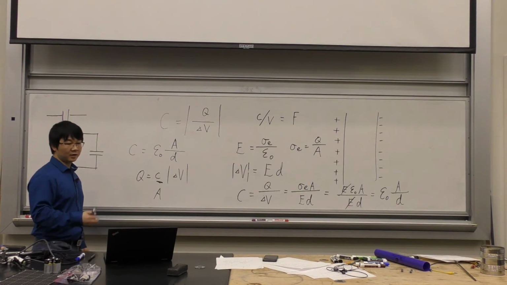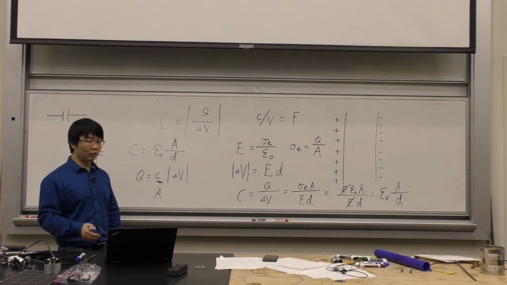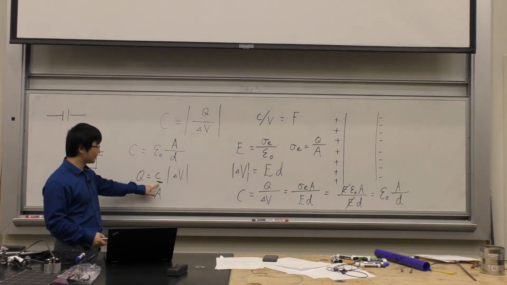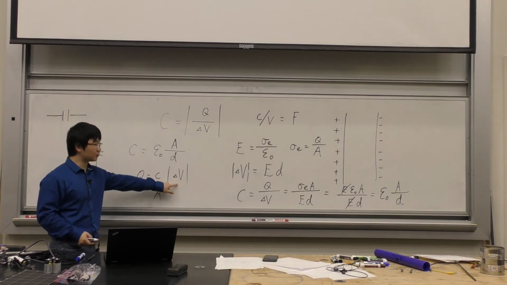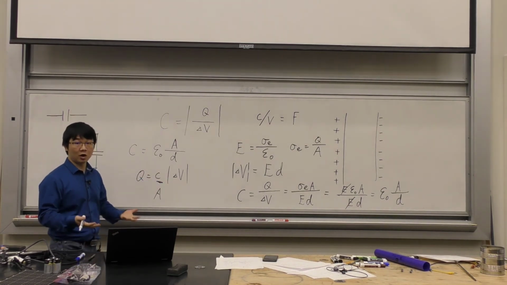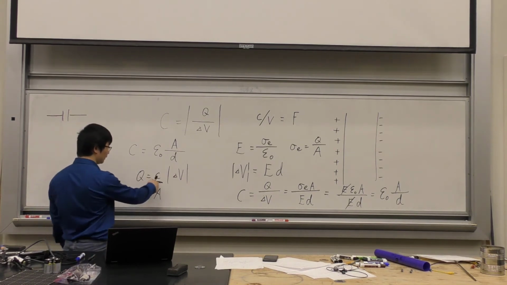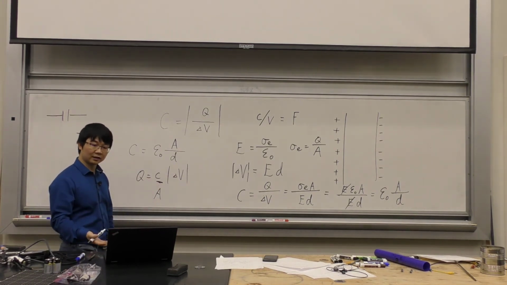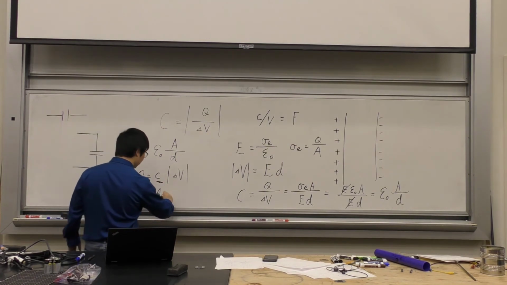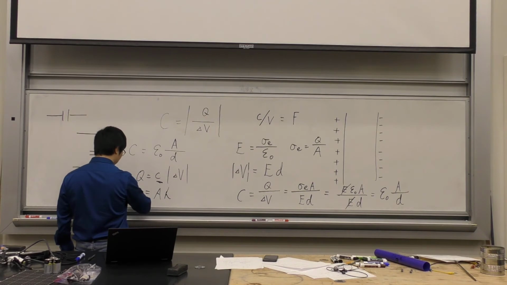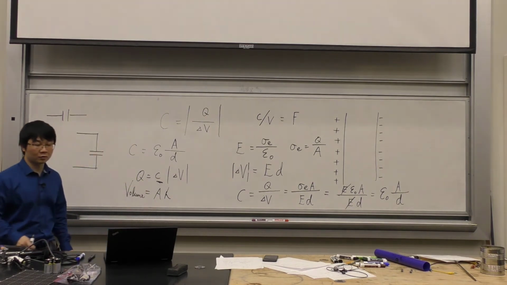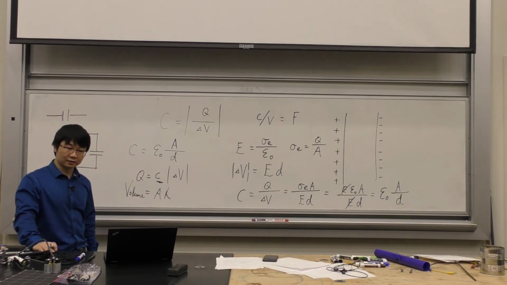It measures the ability to store electric charge. If the C is big, that means for a certain potential difference, it's going to store a lot more charge than a capacitor with a smaller C. So the C is like the area of the water tank, the potential V is like the water level, and the Q is like the volume of the water in this water tank.